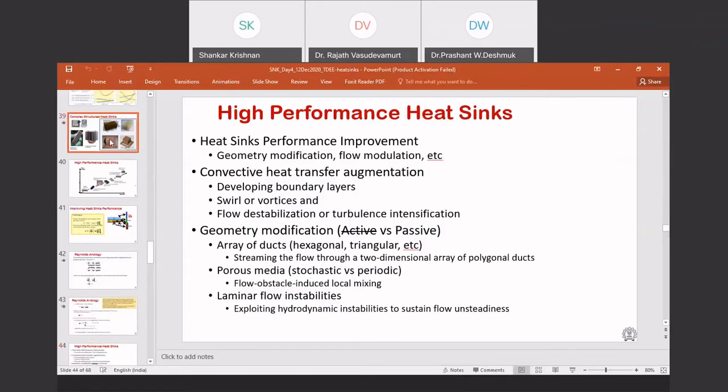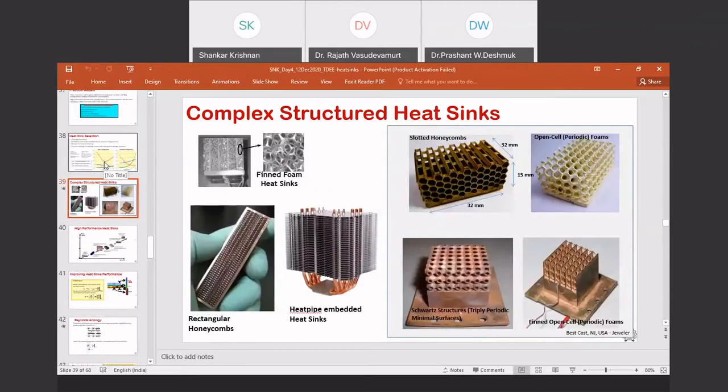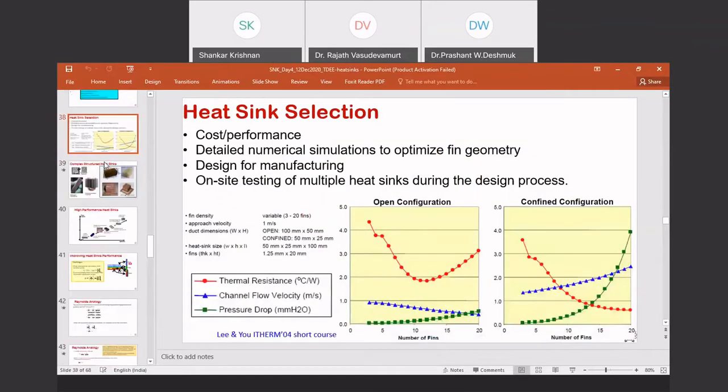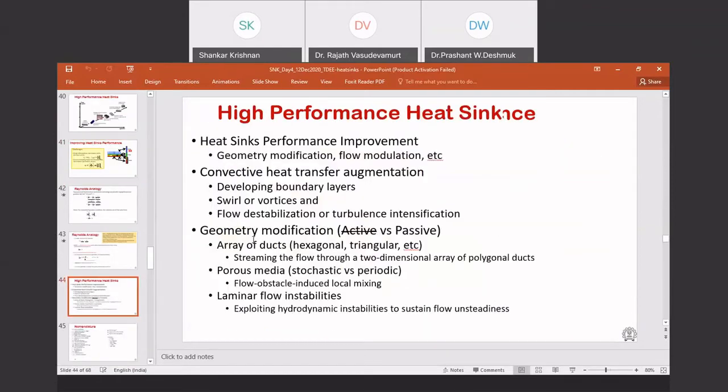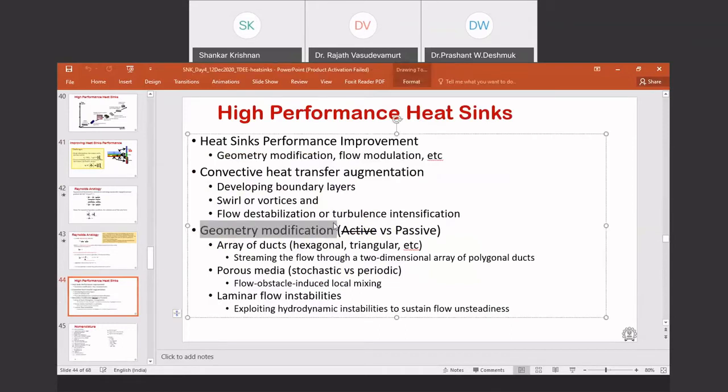So the three primary conceptual ideas that I wanted to discuss today are those discussed here, mostly focused towards some advanced heatsink development based on geometry modification.